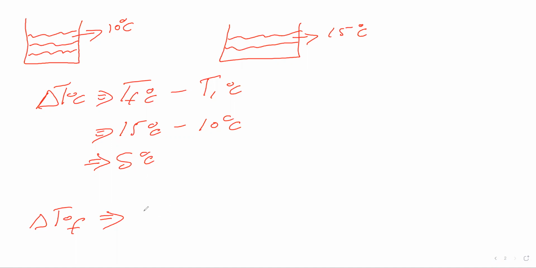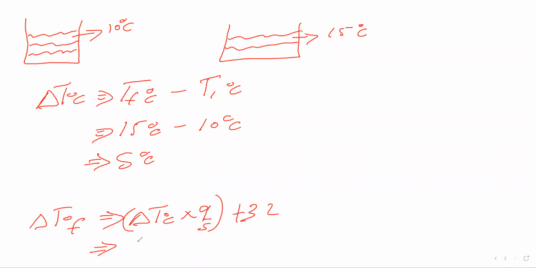So you're telling me that I should multiply the temperature change by 9/5 plus 32. So delta T in degrees Celsius times 9/5 plus 32. Right? So work that out for me and let's see what we get.